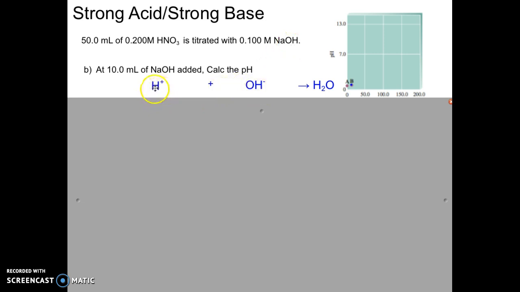So the hydrogen from the nitric acid and the hydroxide from the sodium hydroxide are going to get together and make water. So this is the major reaction that happens when you're talking about a strong acid, strong base titration.